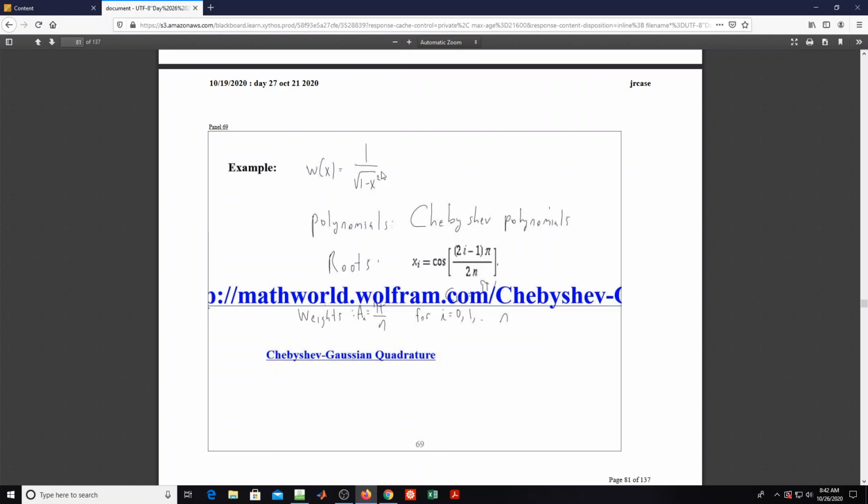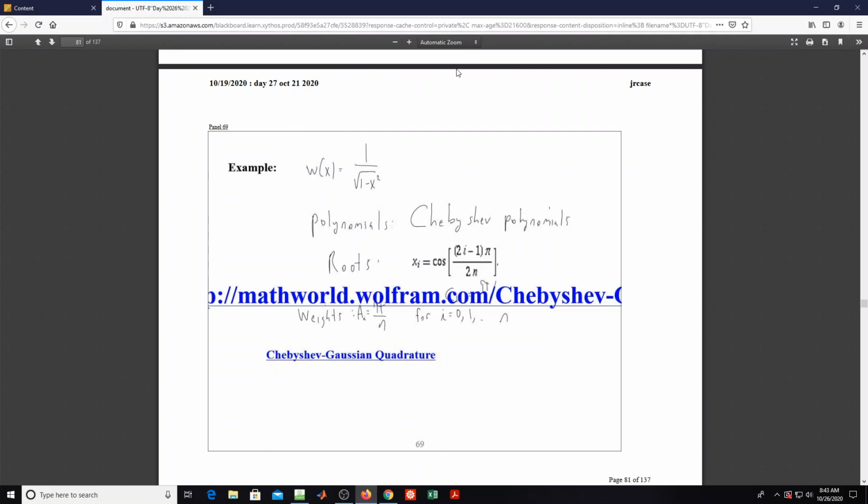The error gets worse. Your weights turn out to be pi over n. And then if you evaluate those, it spreads out the error, and you can approximate it just by evaluating the function at those points. As long as you have the square root of 1 minus x squared as a separate thing, you factor that out and then use it on the function that's remaining.